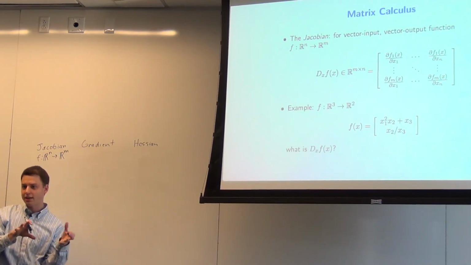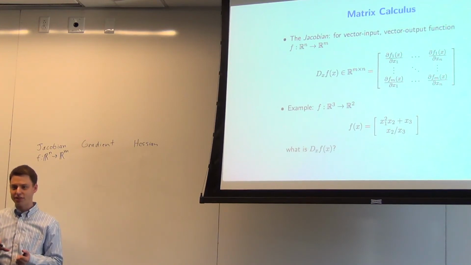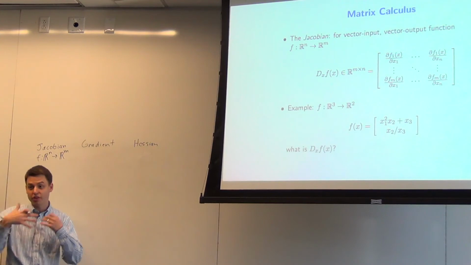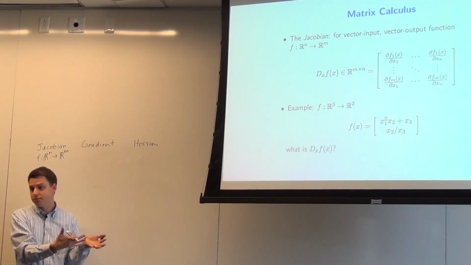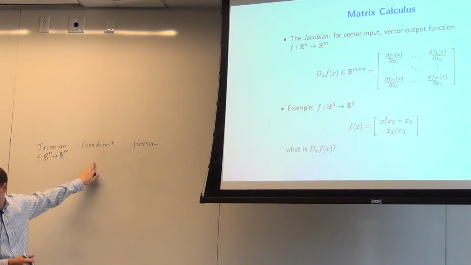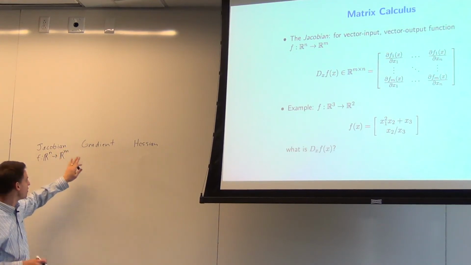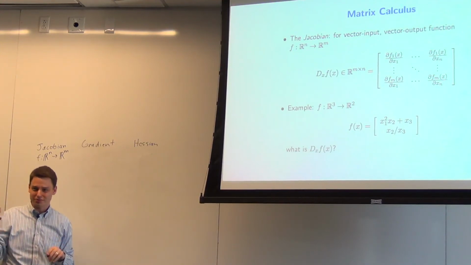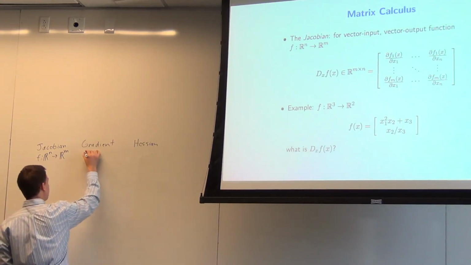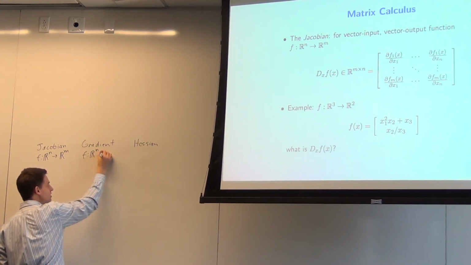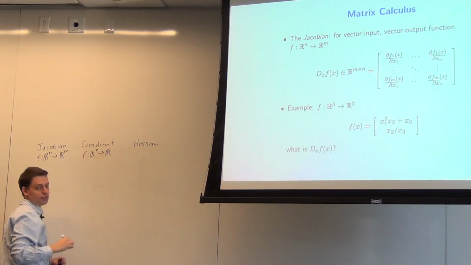That's something like A times x, a function that takes an n-dimensional input and outputs a vector. The gradient is almost a special case of the Jacobian, and then you transpose it for odd reasons. For the gradient, we're only going to talk about functions with vector-valued inputs and real-valued outputs.